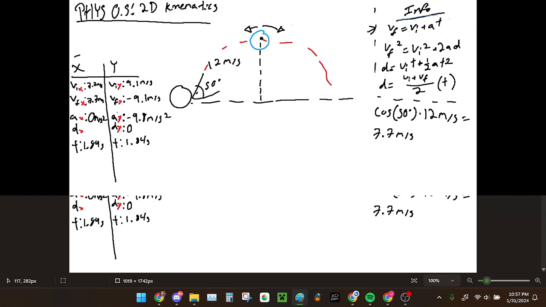So our only thing left to find is displacement, and we can use this function.